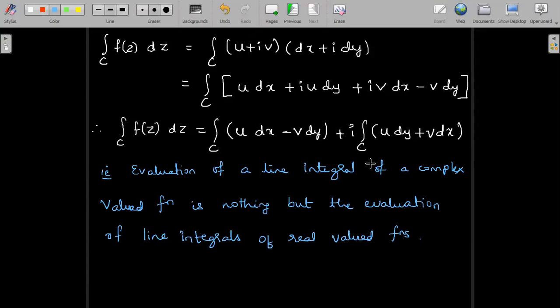Right? So this is the basics about the line integral of a complex valued function.